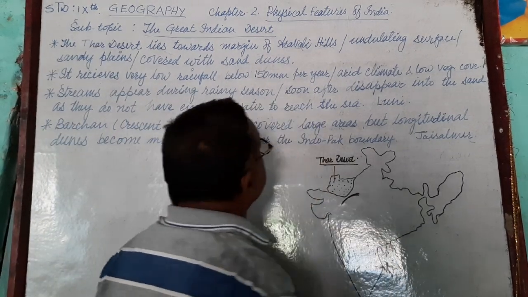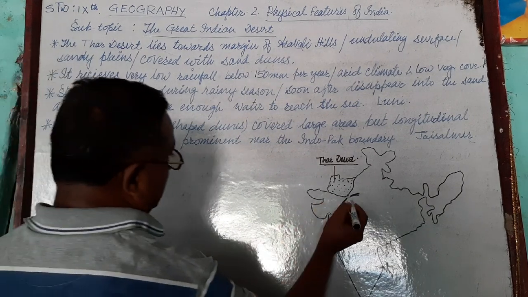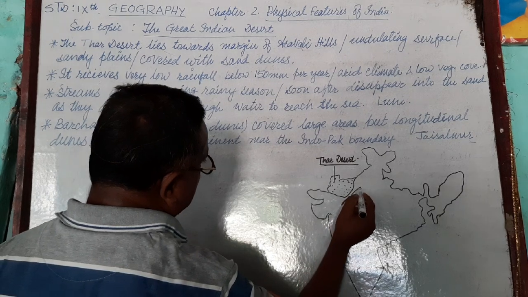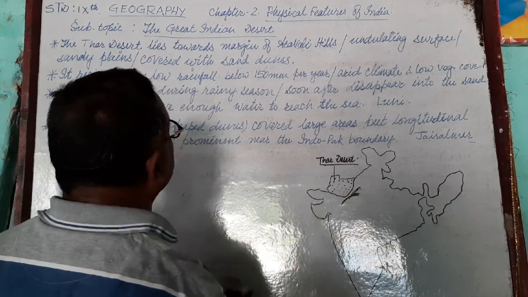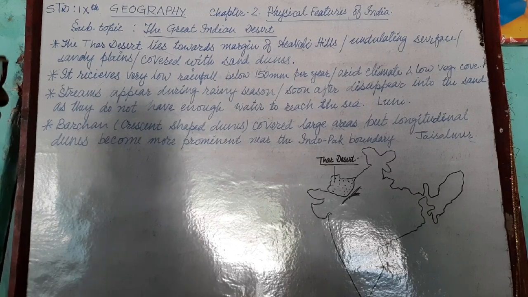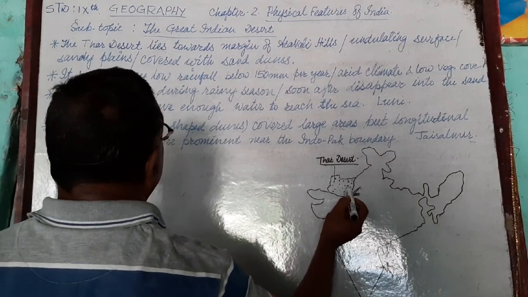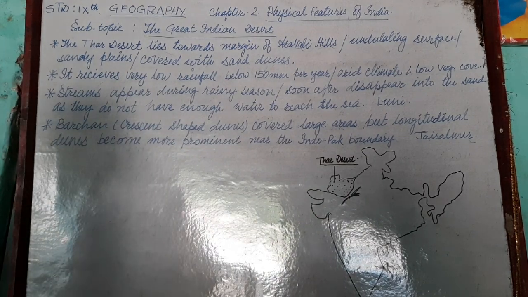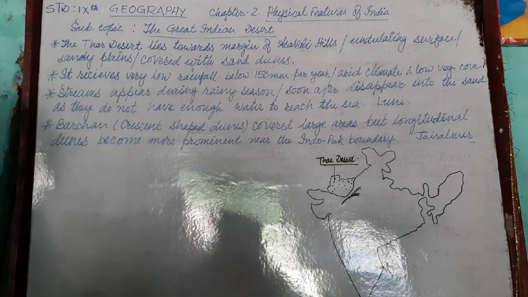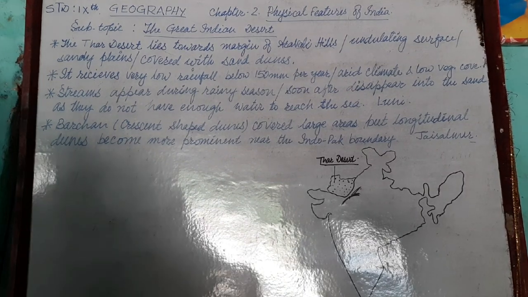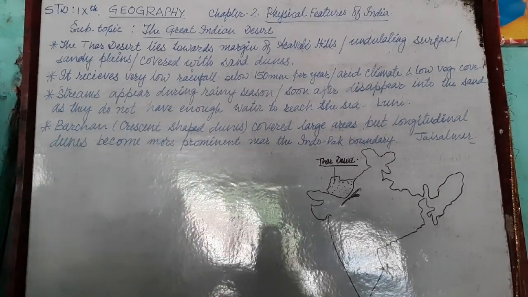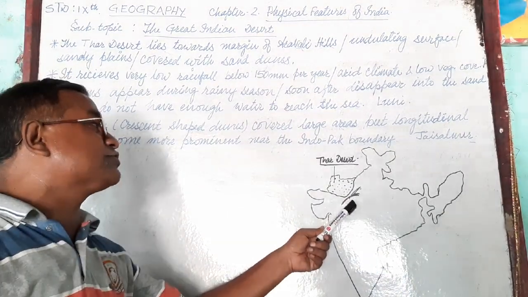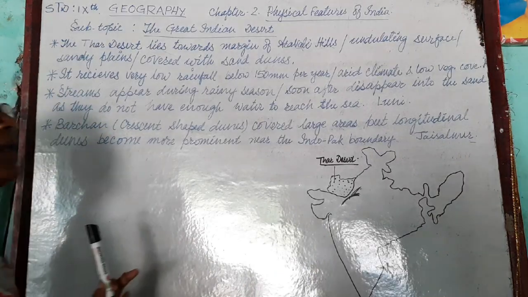The western margin means the western side of the Aravalli mountains, and in this region, the western margin of the Aravalli hills, the Thar Desert starts.